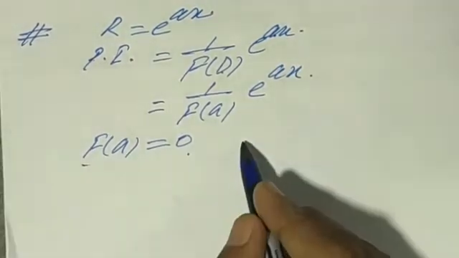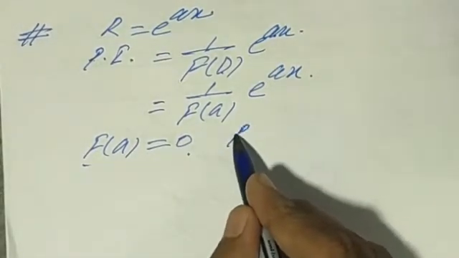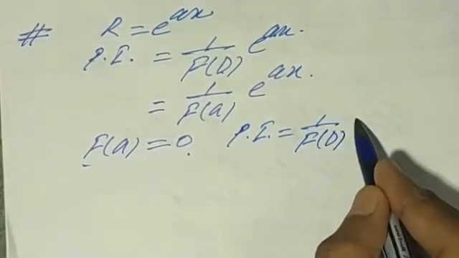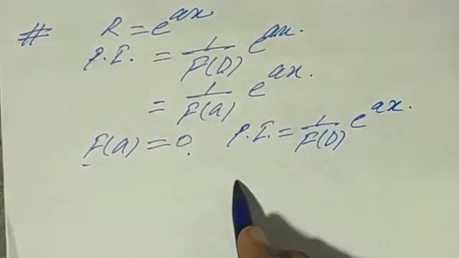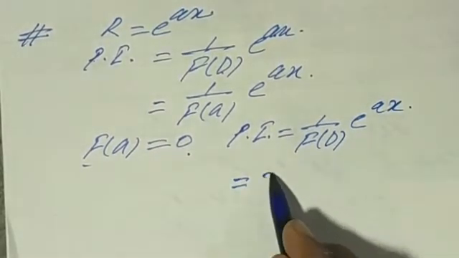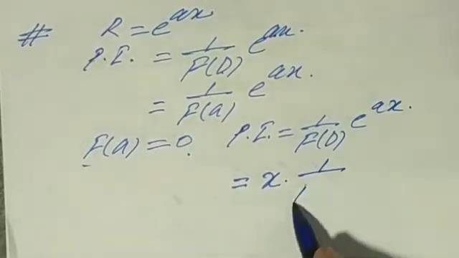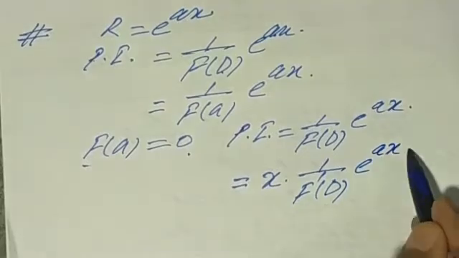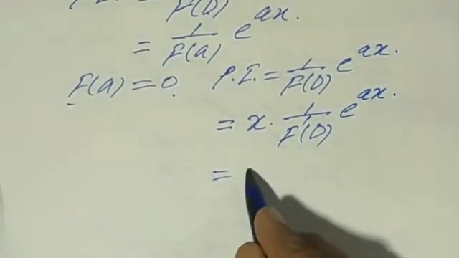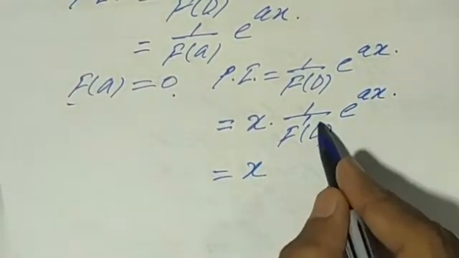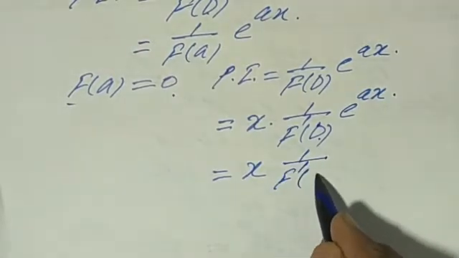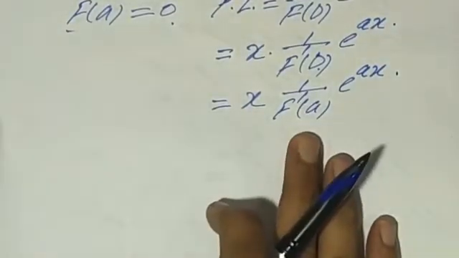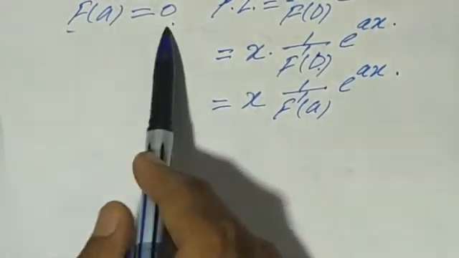If this happens, then the particular integral, 1 upon f(D) e raised to the power ax, will be written as x into 1 upon f dash (D) e raised to the power ax. Then we replace D by a, so we get f dash (a) e raised to the power ax.